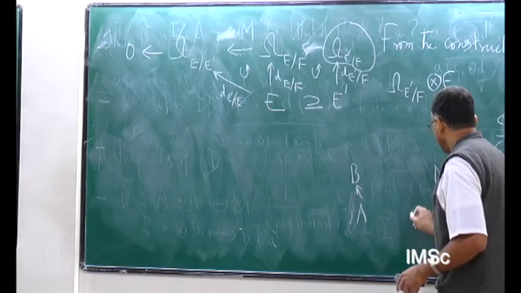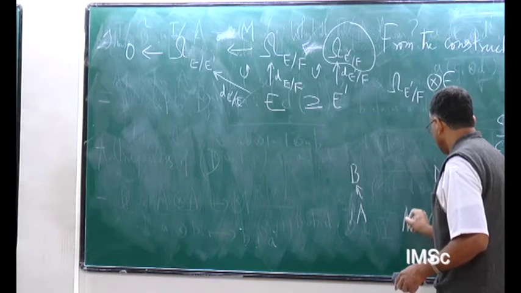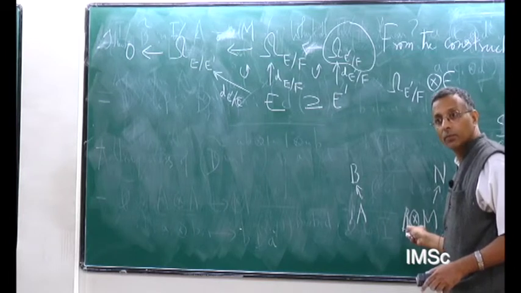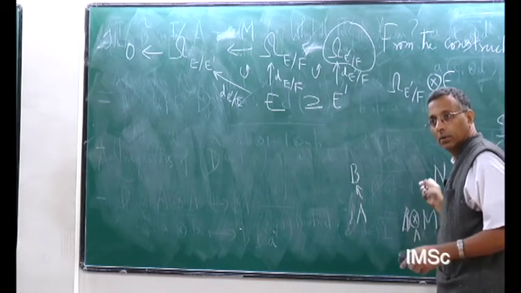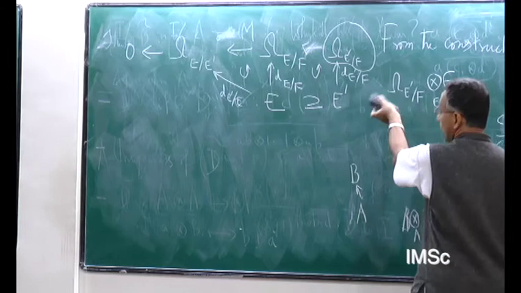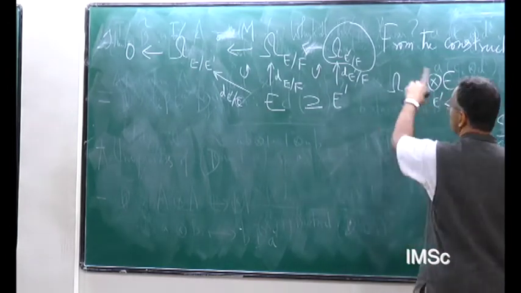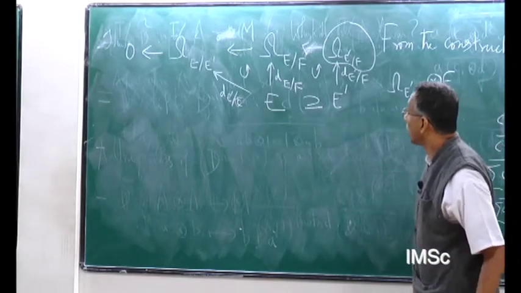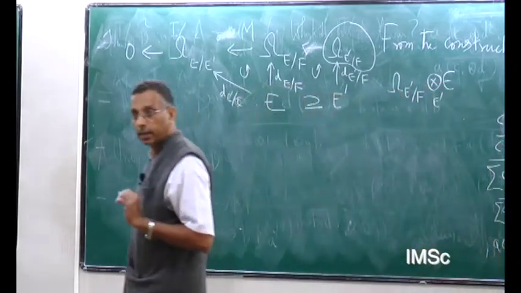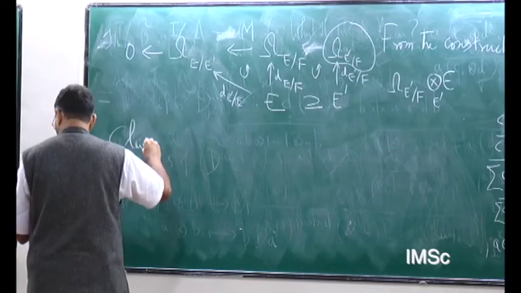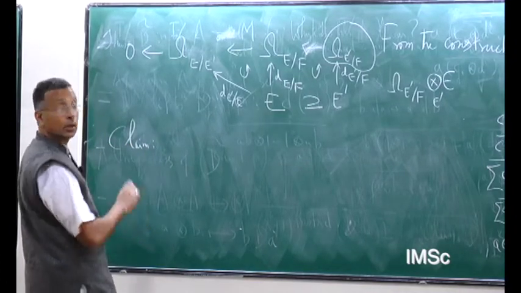Then there is a natural map from here to here. Now this has a B module structure. Okay, so using that idea, I do get that there is a natural map. Now the claim is this is exact.